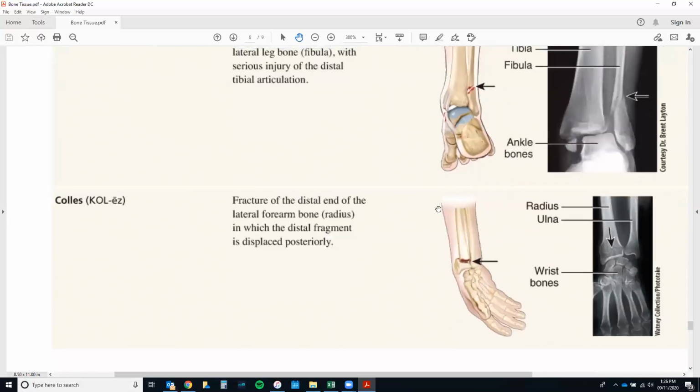And then a Colles fracture, another fairly common fracture towards the wrist, not wrist bones, but forearm bones, specifically the radius, which is your lateral thumb side bone, is displaced posteriorly. So you kind of see a bump on the back of your forearm, kind of like where your watch face would be.